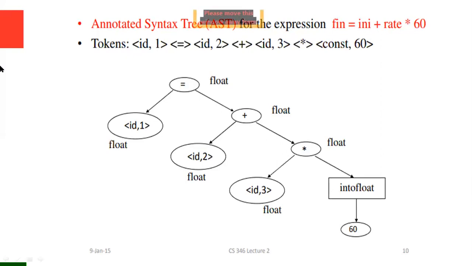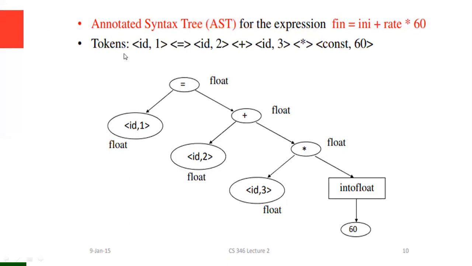So here we are taking the source code, and that source code is converted into a stream of tokens by the lexical analysis, and the stream of tokens is converted by syntax analysis into a parse tree. So syntax analysis converts the stream of tokens into a syntax tree or parse tree.